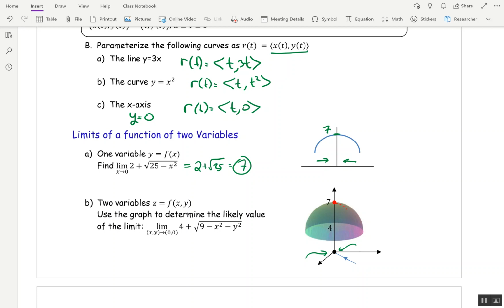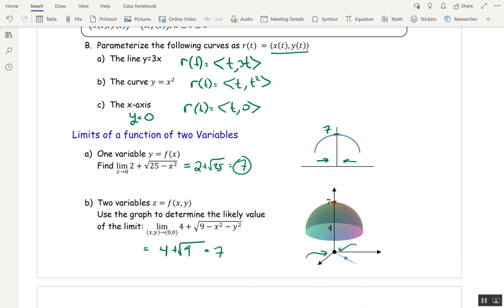However, the rule still is, if nothing bad happens, just do it. And so this is going to be 4 plus the square root of 9, which is 3, and so that's 7. So that's our limit up here.